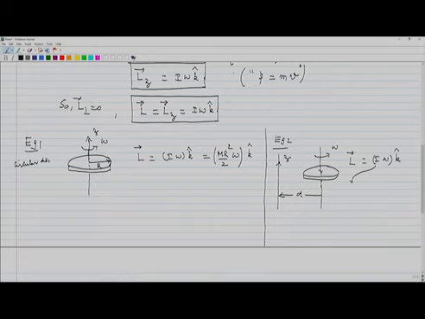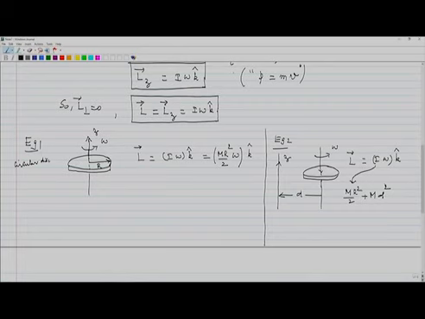This I is the moment of inertia about the symmetry axis, that is mr squared by 2, but we are calculating with respect to the z axis, therefore we want the moment of inertia about the z axis, so we add md squared.